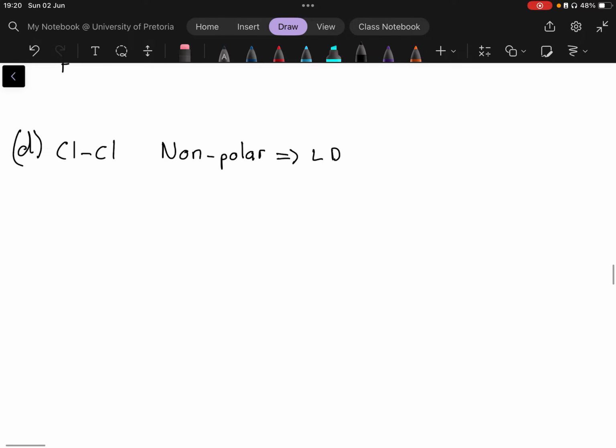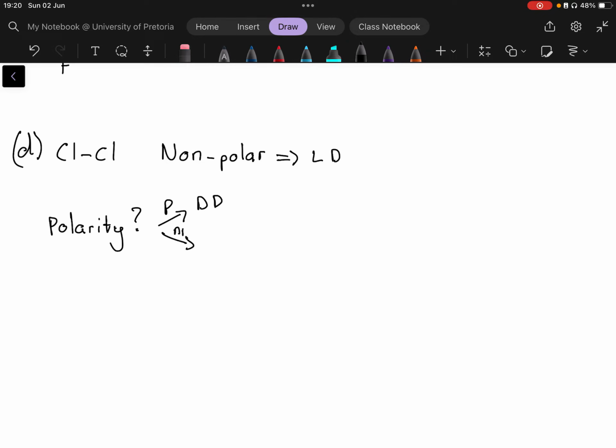Okay. So what's maybe like a tick list for yourself? You ask about polarity. If it is polar, then it means it has dipole-dipole forces. If it's non-polar, then it means it has London dispersion, or so-called induced dipole-induced dipole forces.